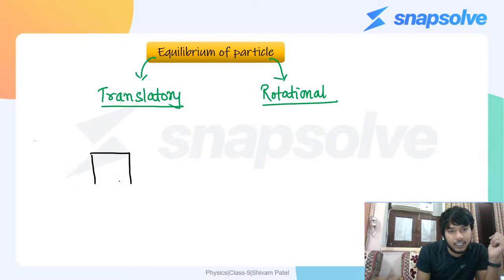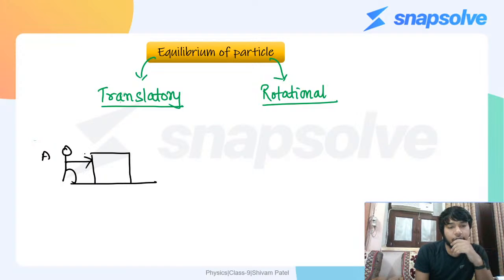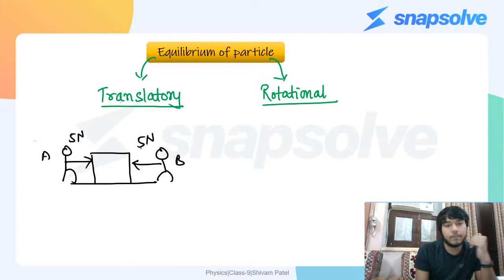Let's say there is an object placed here on the ground, and two persons are applying force. Person A is applying a force of 5 Newton from this side, and person B is applying a force of 5 Newton from the other side.